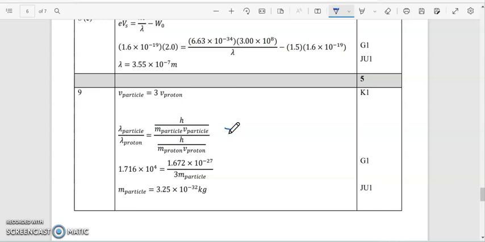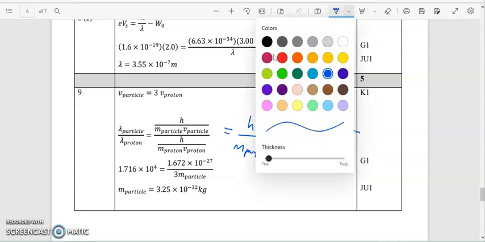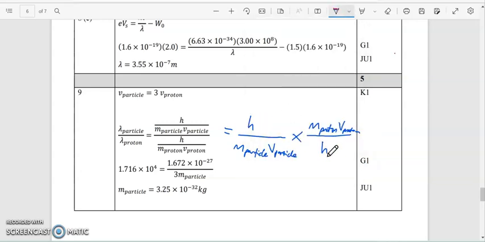Then we can rearrange this: h over mass of particle times velocity of particle, times mass of proton times velocity of proton over h. From here, we can cancel out the Planck constant. The velocity of the particle is 3 times the velocity of the proton.